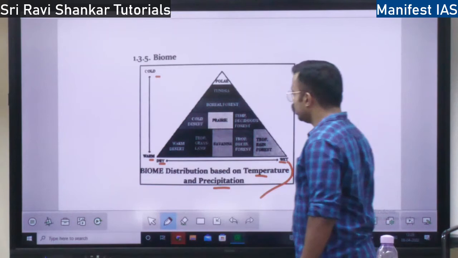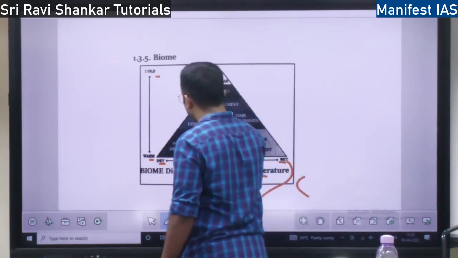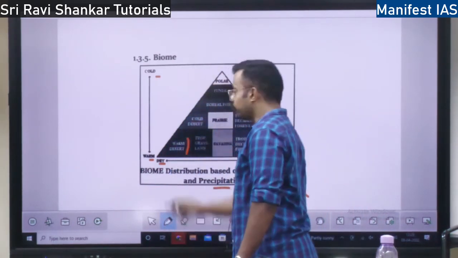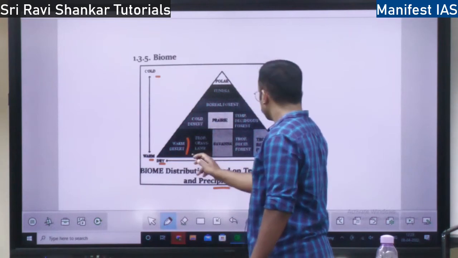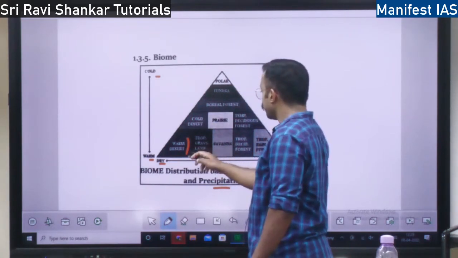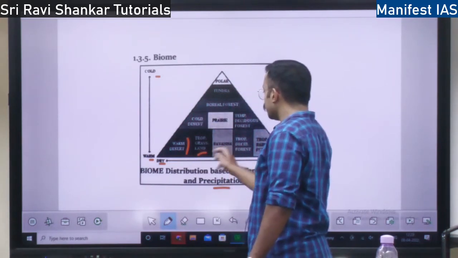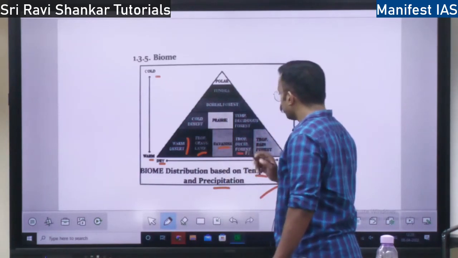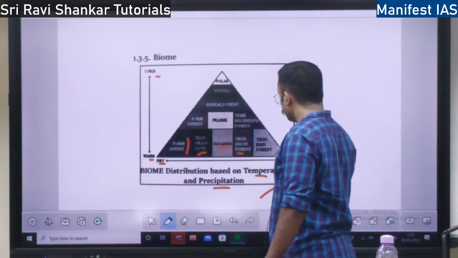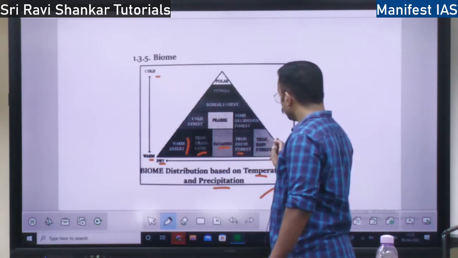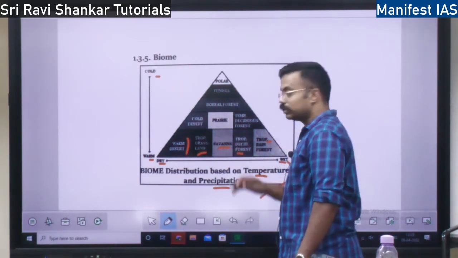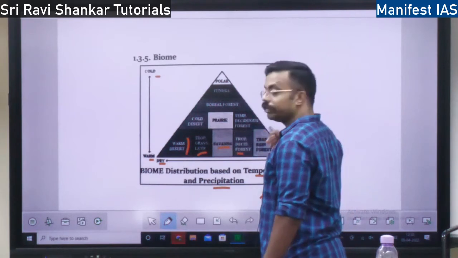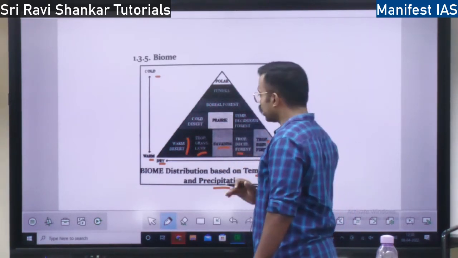Biomes are distributed. So warm and dry, you will find warm desert. A little bit wet, you will find tropical grassland. Some more wet, you will find savanna. A little more wet, you will find tropical deciduous forest. Some more wet, the wettest one, tropical rainforest. This is the division of biomes, right, based on climate.